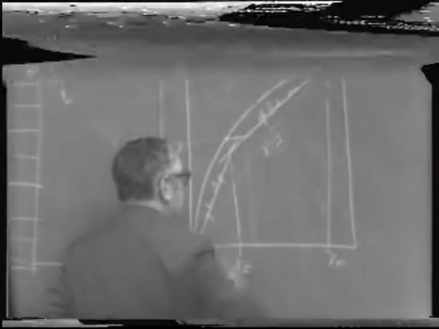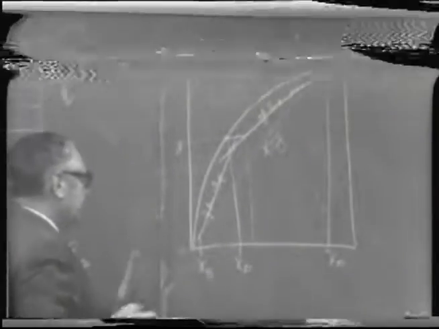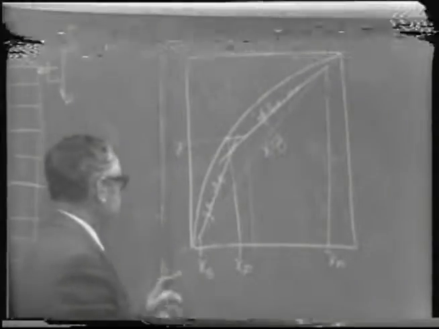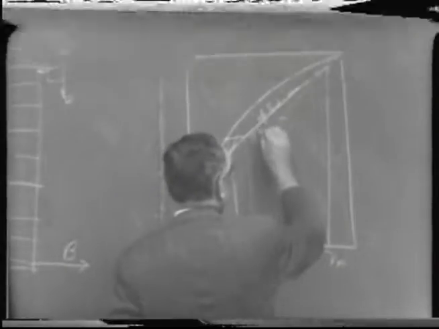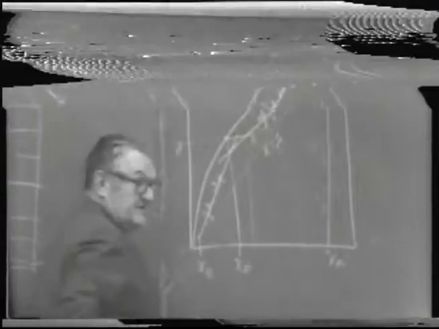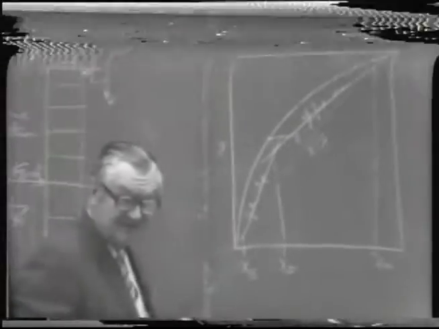This line here, the operating line, represents values of Y and X. Y is equal to some function of X. It's a straight line again, as I've drawn it here.